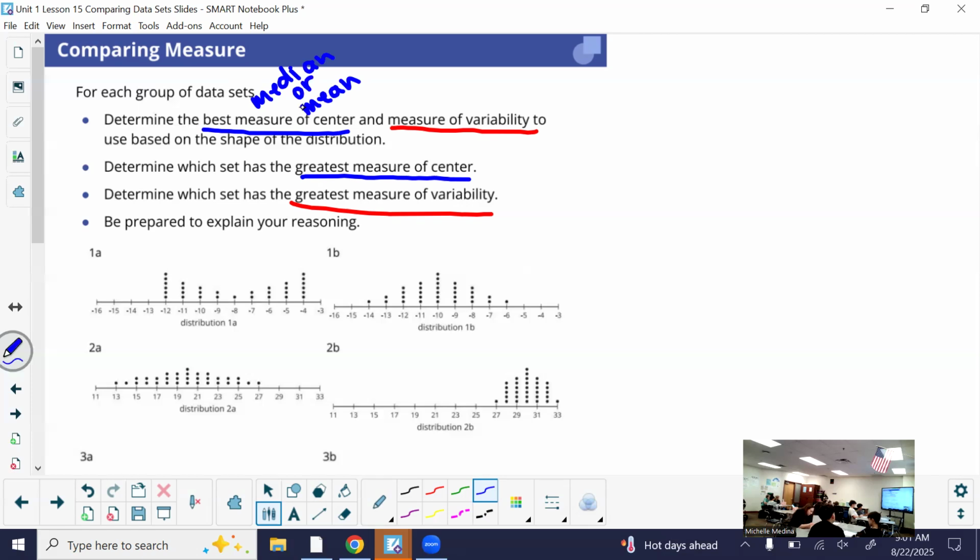Okay. Measures of variability. What are some examples of measures of variability? Range. Okay, good. Yes, range is also a measure of variability, but for these, your options to pick from are IQR or standard deviation / MAD. So that's one step.